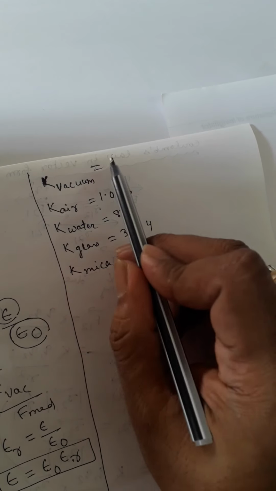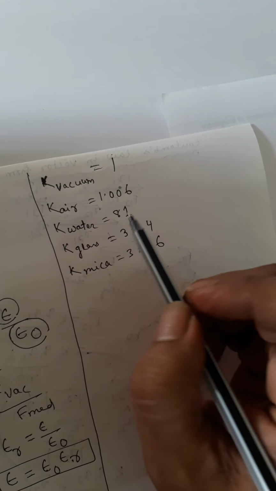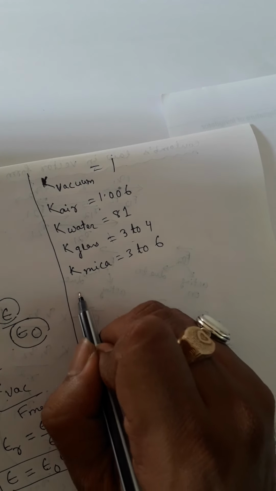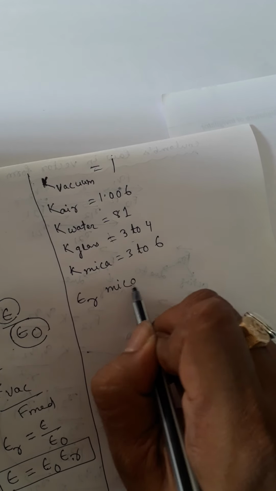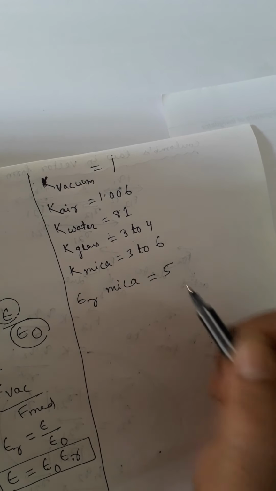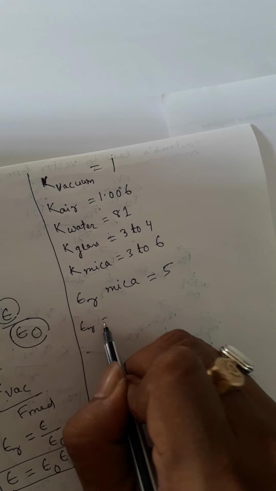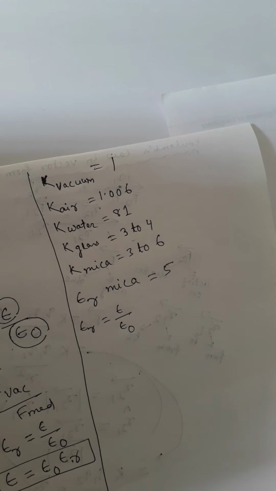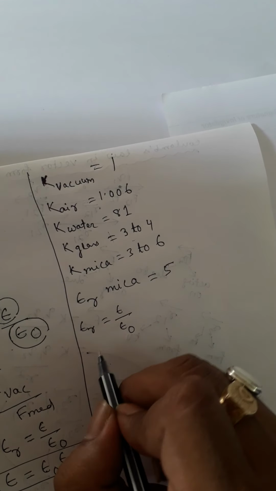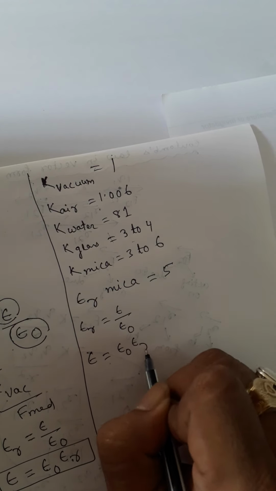Here are some values of relative permittivity of some media. Suppose relative permittivity of mica is equal to 5. So we know epsilon r is equal to epsilon divided by epsilon naught, or epsilon is equal to epsilon naught into epsilon r.